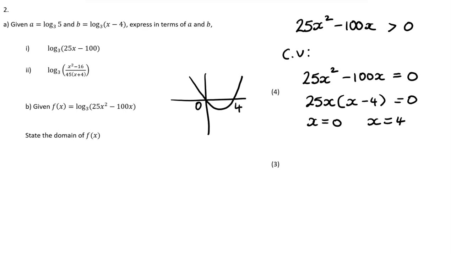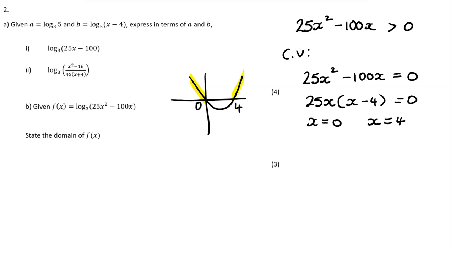And I'm looking at this quadratic being positive. So I'm looking at the values of x which are going to give me values of 25x squared minus 100x that are above the x-axis. So that's going to be all these values here.